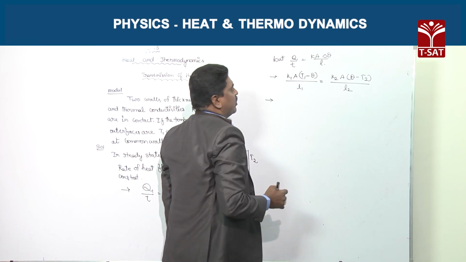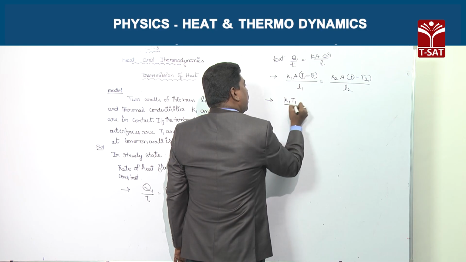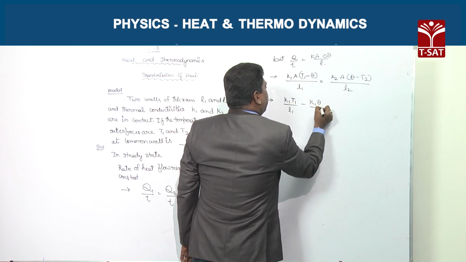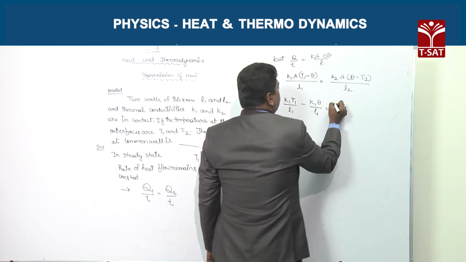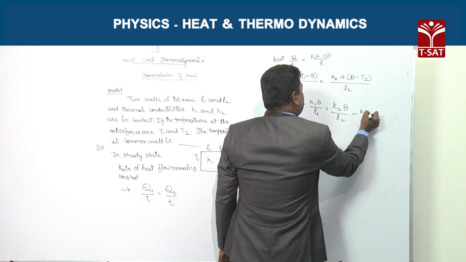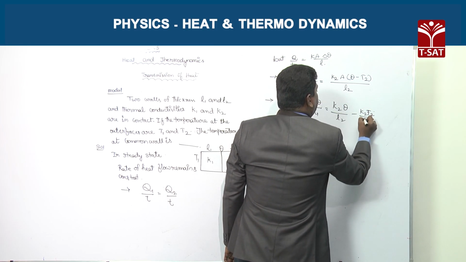Cancelling A on both sides and opening the brackets, we have K1 T1 by L1 minus K1 theta by L1 equals K2 theta by L2 minus K2 T2 by L2.